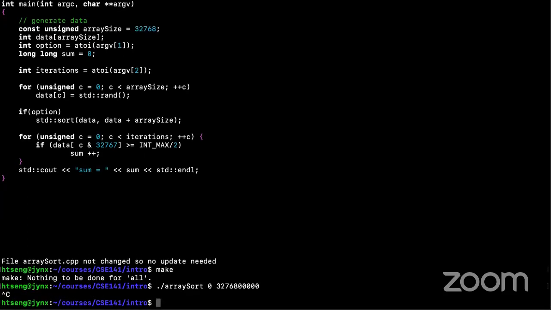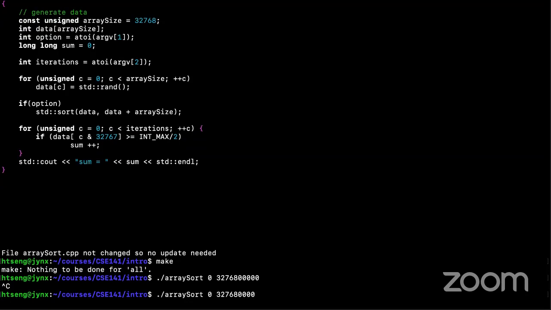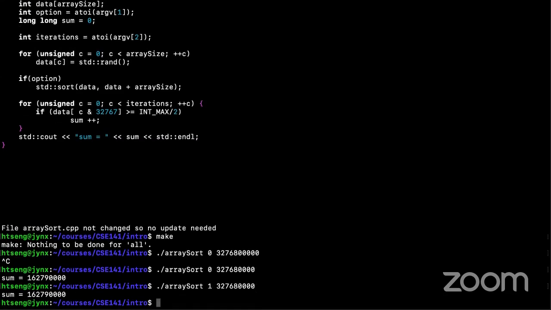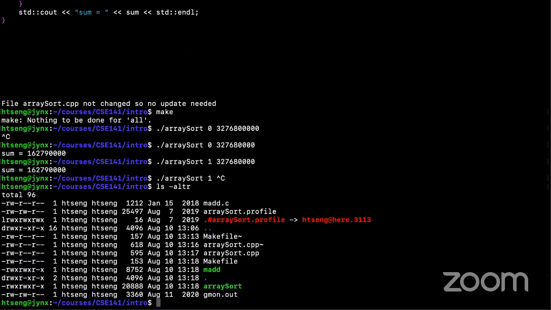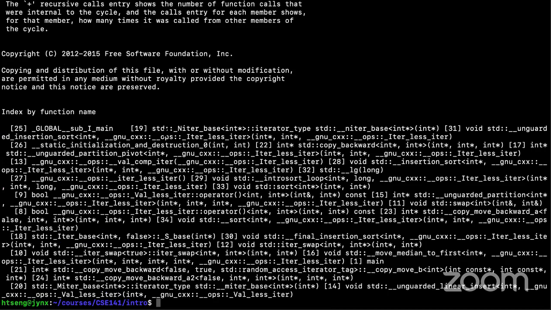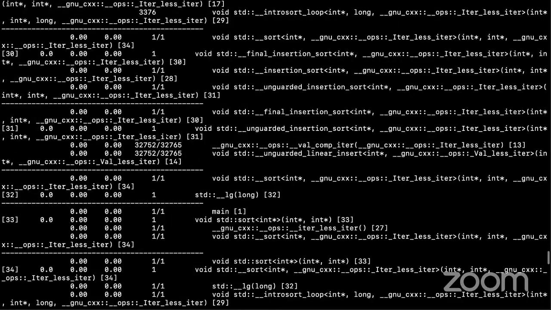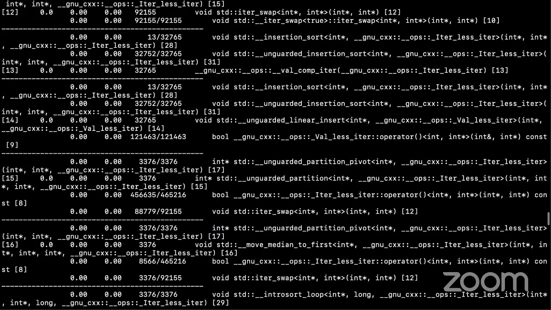When I run this program, it will in the meantime generate a gmon.out like this. Then you can use gprof, and it will show you a lot of detailed information about what's going on when you are running that program.